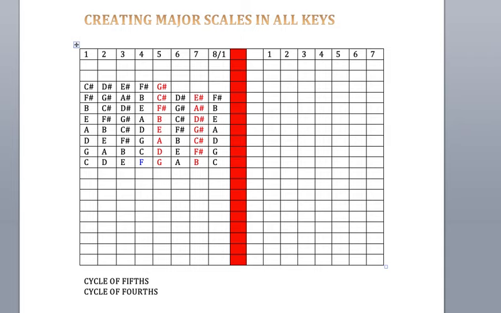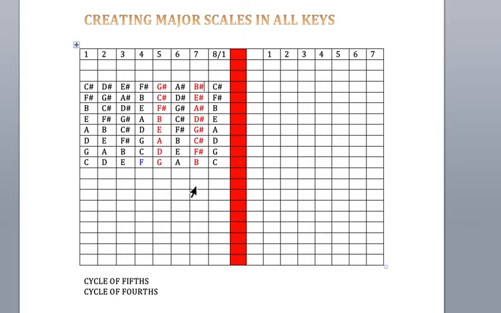From G sharp we go to A sharp, B, and back to C sharp. Now to correct it to the major scale, we need to sharp that. It's going to be B sharp there. So this is our first set of keys with sharps throughout.